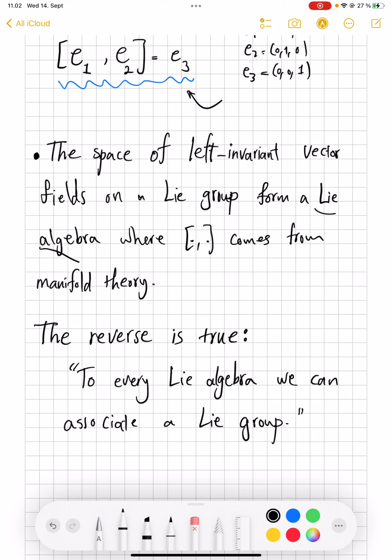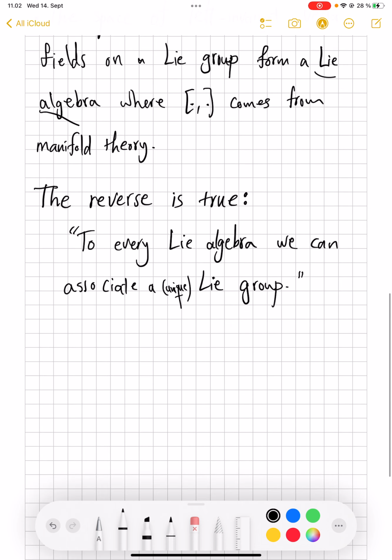And if I impose some assumptions such as simple connectedness, then up to isomorphism this Lie group is unique. So let's add that there because that's very important. So a Lie algebra also determines a Lie group. The reverse, that a Lie group identifies a Lie algebra, was more direct.